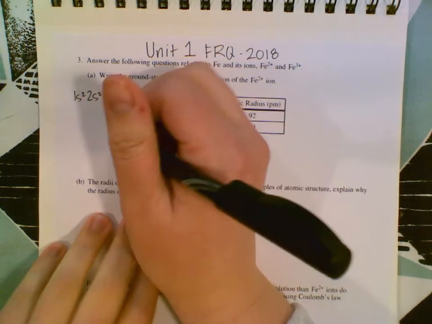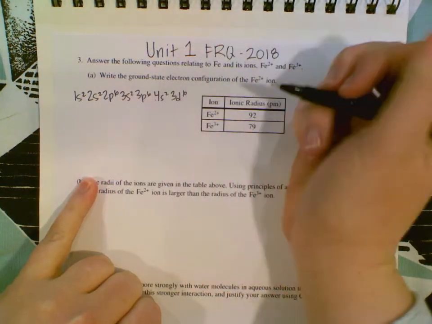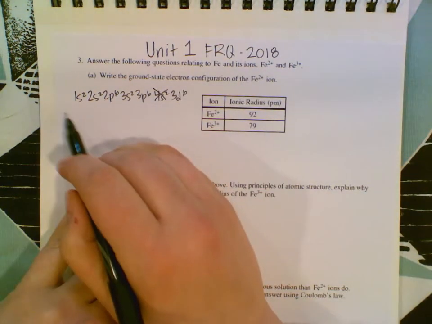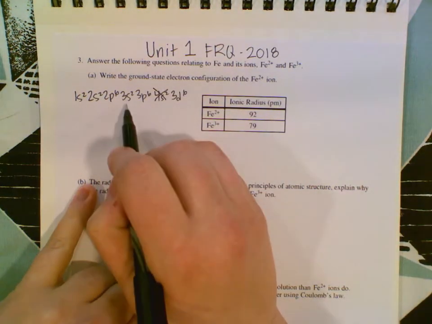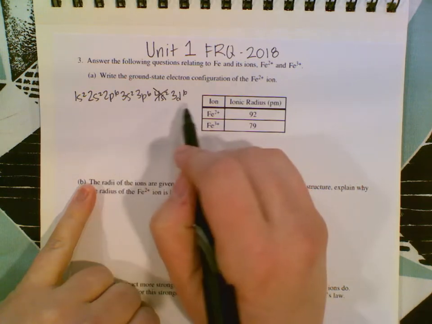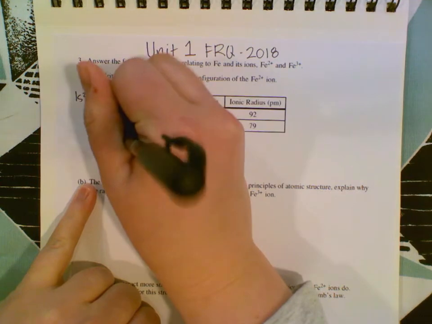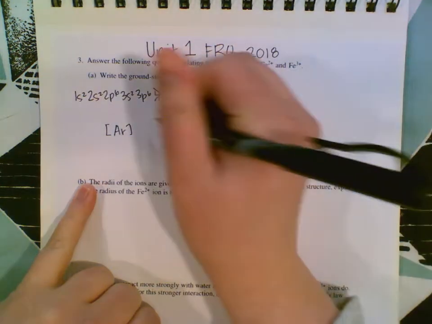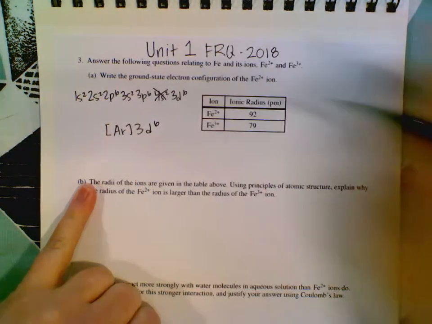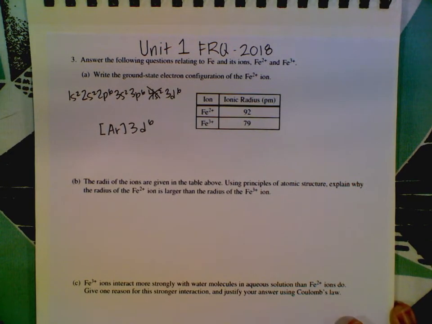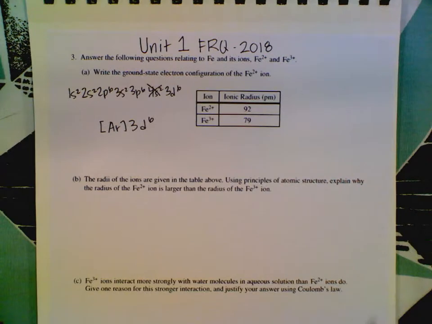So the correct electron configuration loses these 4s, and so it's 1s2, 2s2, 2p6, 3s2, 3p6, 3d6. But if you aren't interested in writing that, the abbreviated electron configuration is going to be argon 3d6. Okay, so that's question 1A. On the key, it's worth 1 point because of the electron configuration.